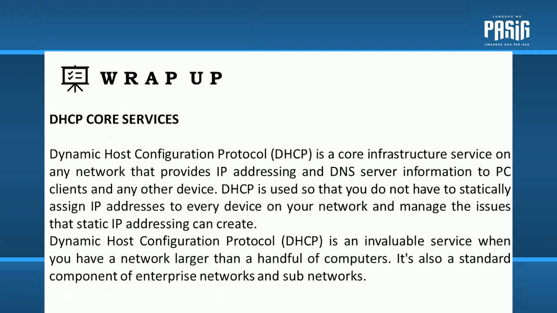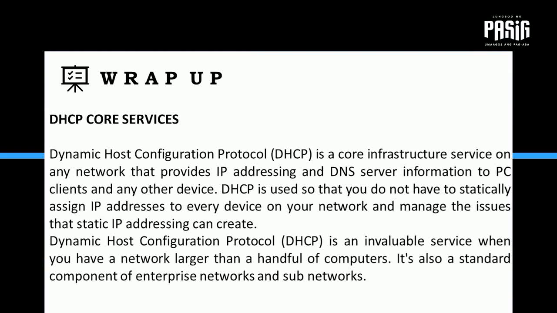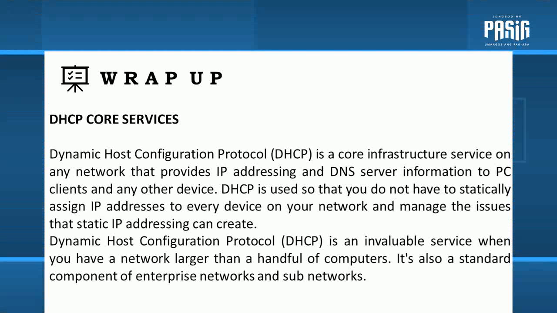To summarize the lesson, let's proceed to wrap up. DHCP core services. Dynamic Host Configuration Protocol is a core infrastructure service on any network that provides IP addressing and DNS server information to PC clients and any other device.